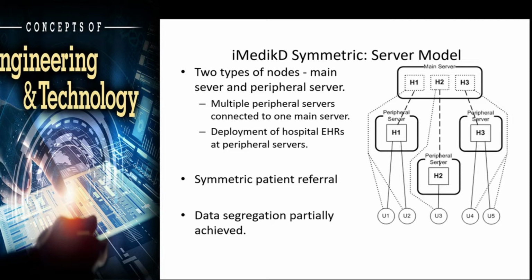There are two types of nodes we have: one is the main server and the other is the peripheral server. The main server will be connected with the different peripheral servers, and with the peripheral servers we'll have the connectivity to the hospitals.